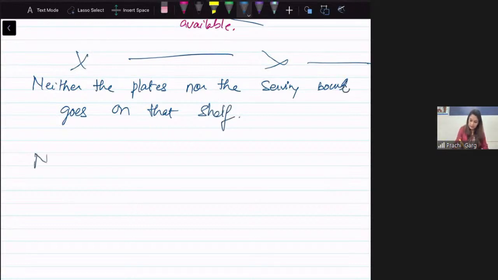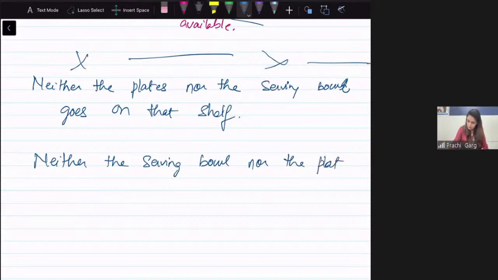Now, next sentence. Read both the sentences very carefully. Neither the serving bowl nor the plates go on that shelf. Now, look at both the sentences.